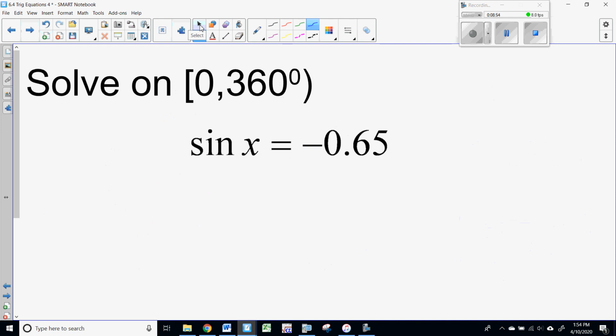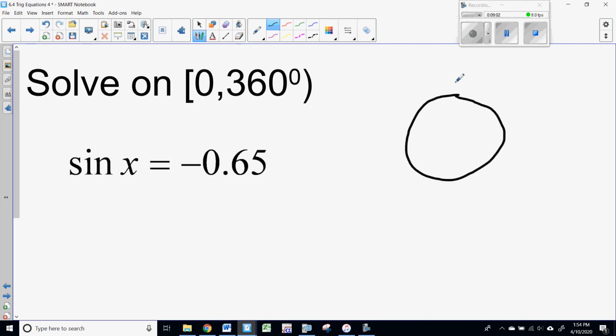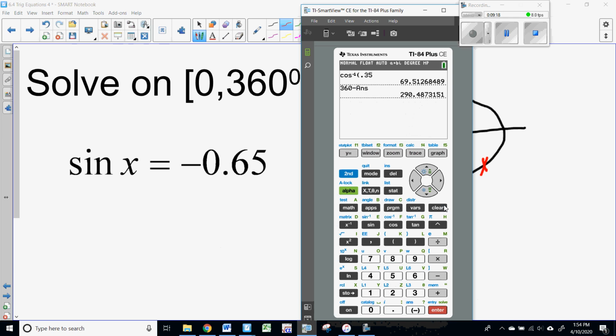So let's try one more with sine. Sine is negative 0.65. So once again, let's draw our circle. Sine is negative 0.65, so that's going to be a negative y. So that's there. So I have two answers. If I go to my calculator, some of you might already be anticipating the problem here.